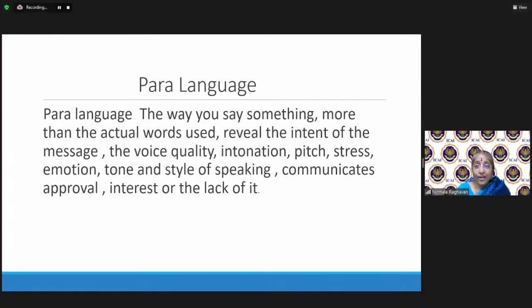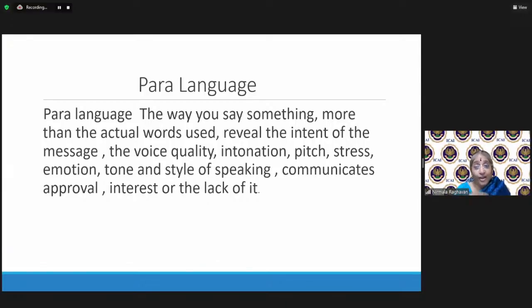Stress: when I say "oh," the stress is on the O and not the H. You know how you can differentiate, and the way you express communicates perfectly even without words.